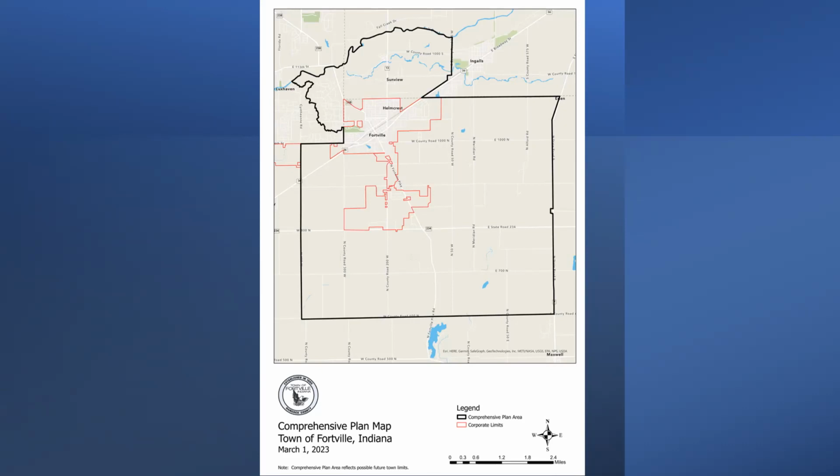The other thing that I probably should have mentioned at the onset is that all of the area within this black box is all unincorporated land. So none of it is in a city or a town. So the idea could also be that the black line could reflect our possible future town limits. Now, certainly, as you're well aware, there's a process for annexation.